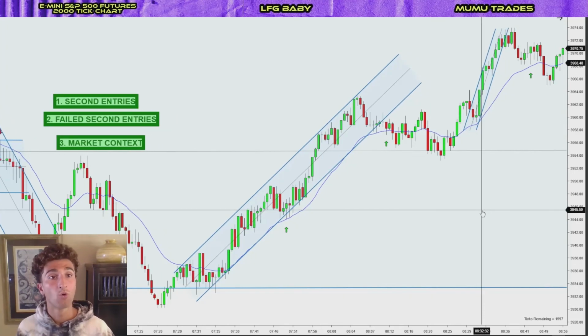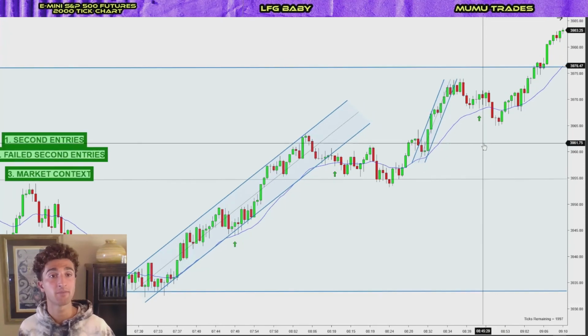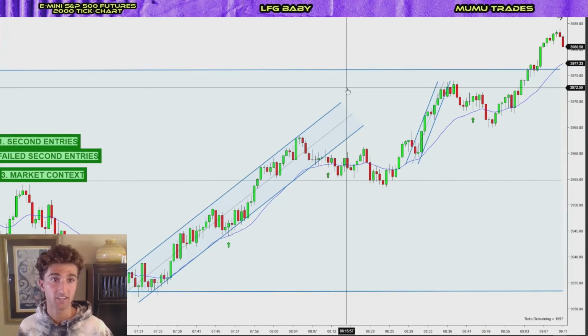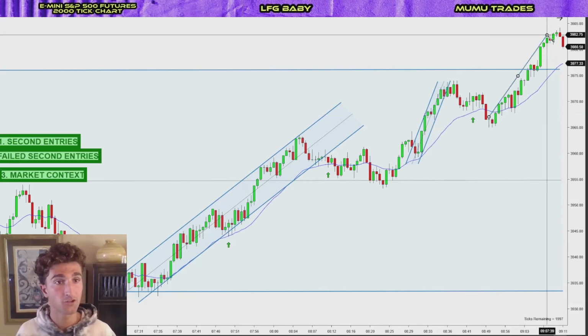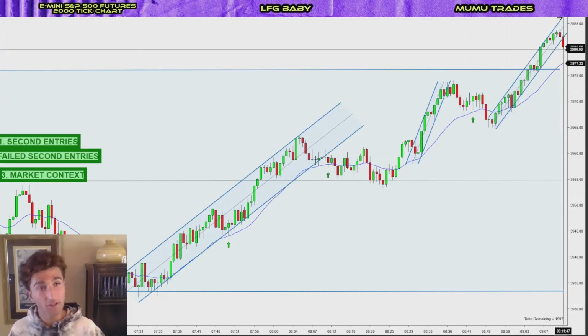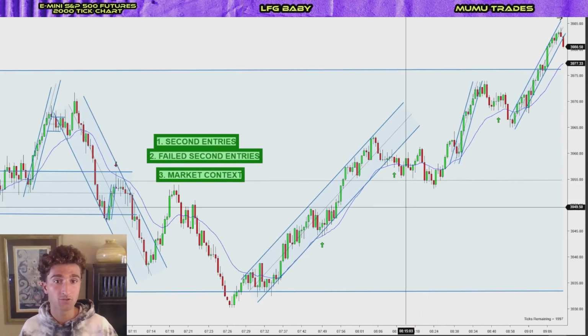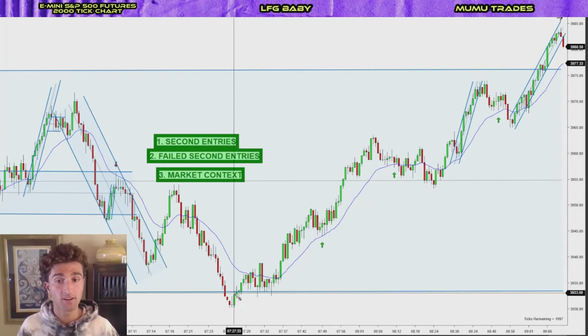Now, once we see another push above the EMA and above the trading range that we had drawn, and we see a lot of continued momentum, then we can draw another short-term uptrend. We can also draw this wider uptrend.